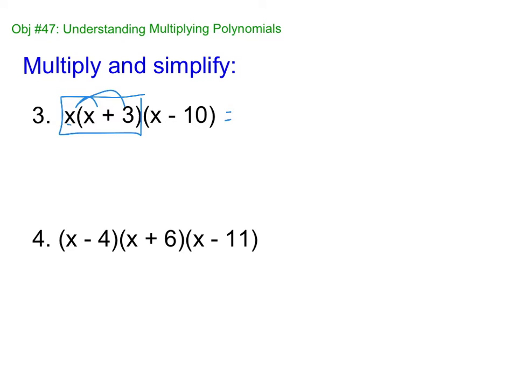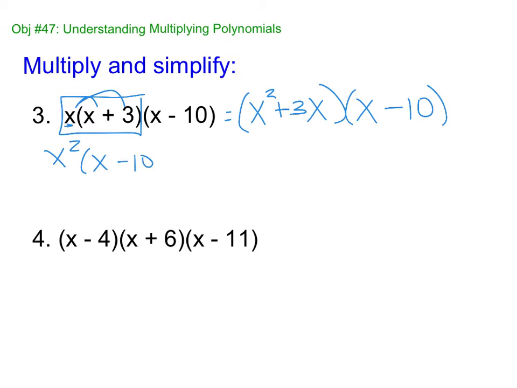Do not multiply x into the x minus 10 also. You pick just one of them. So I get x squared plus 3x, and that is now going to multiply x minus 10. So then you can go through and double distribute that. So x squared times x minus 10, and then 3x times x minus 10.